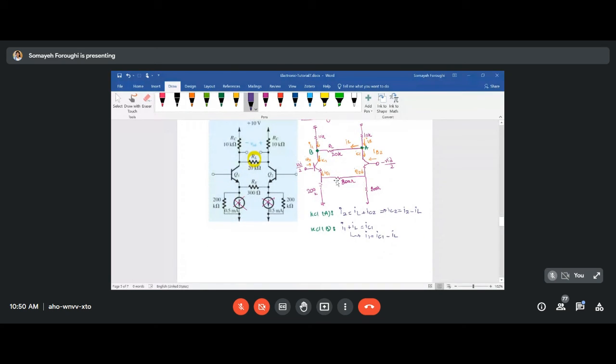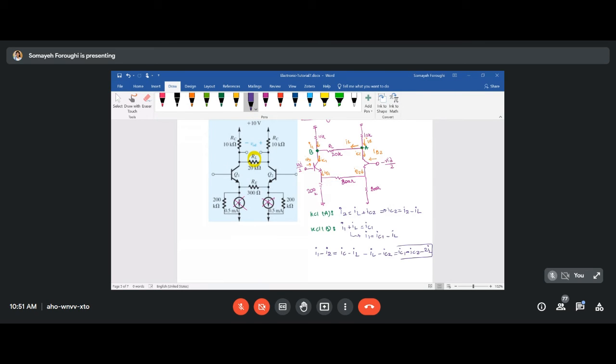Later on you will need to find I1 minus I2, so let me do it here. I1 minus I2 gives you IC1 minus IL minus IL minus IC2. Finally it's IC1 minus IC2 minus 2IL. Let's keep this, we will use it later.